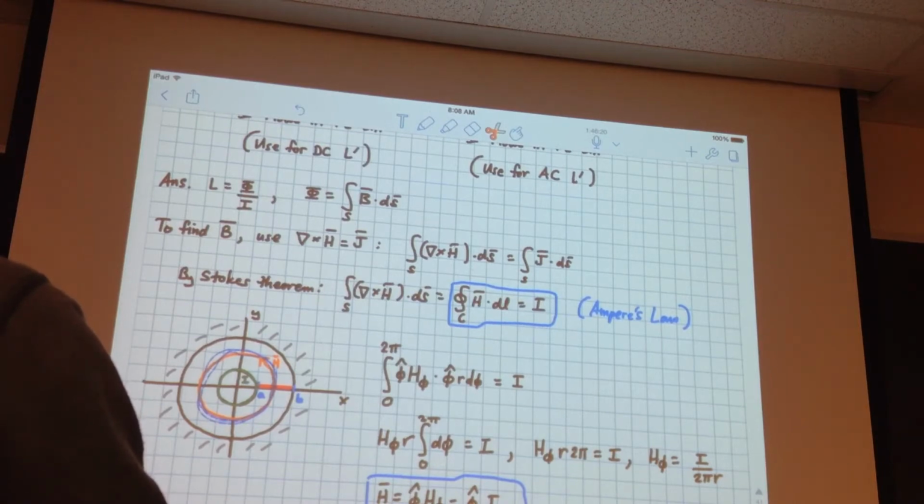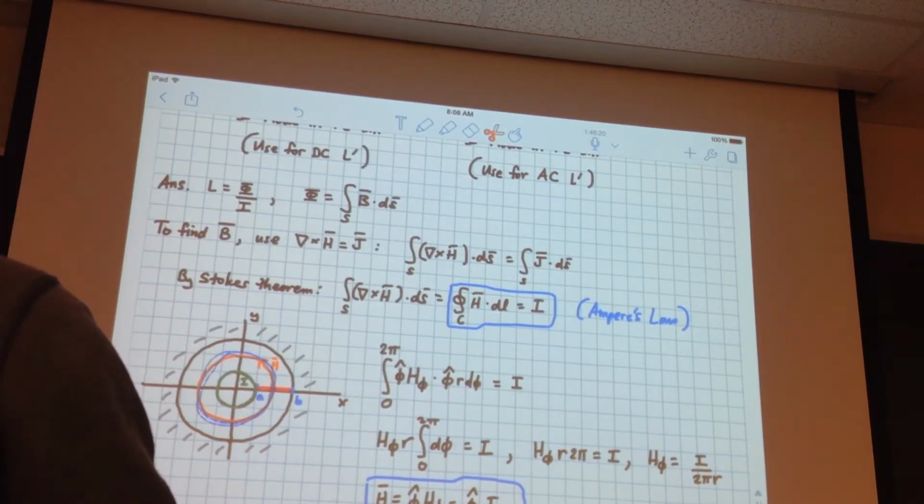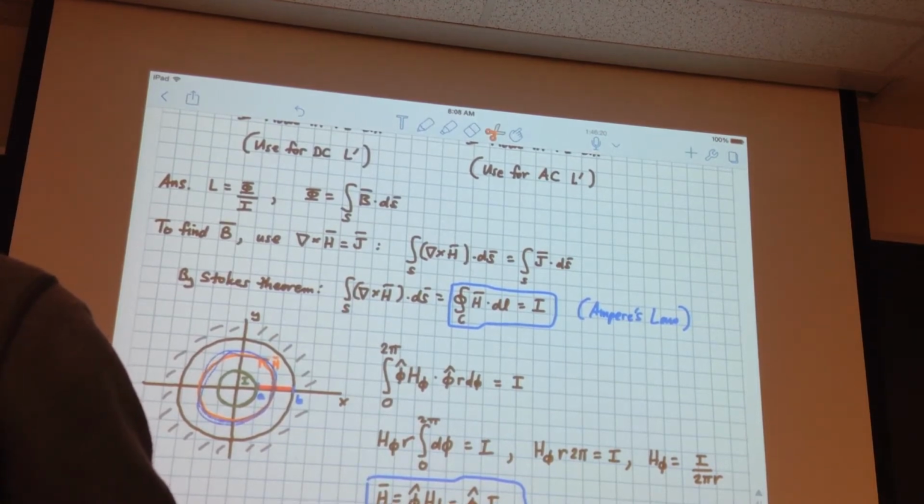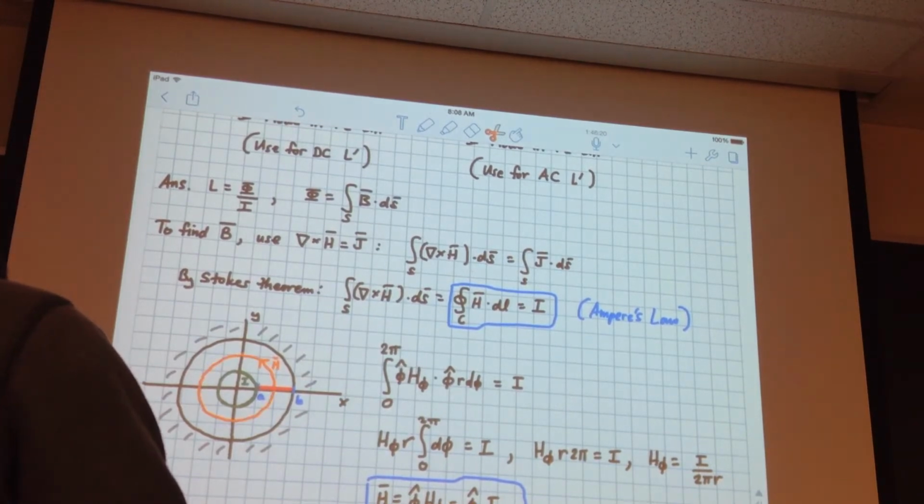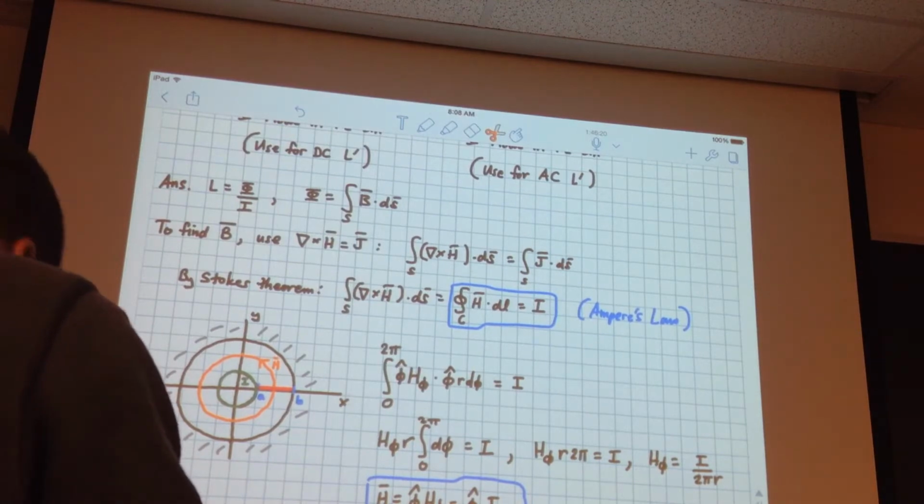We don't know what the magnetic field is along that contour, but we know it's constant by the symmetry of the problem. You would expect that if this is an infinitely long coaxial cable, then the magnetic field would just vary in the radial direction away from the center core axis, in this case the z-axis.